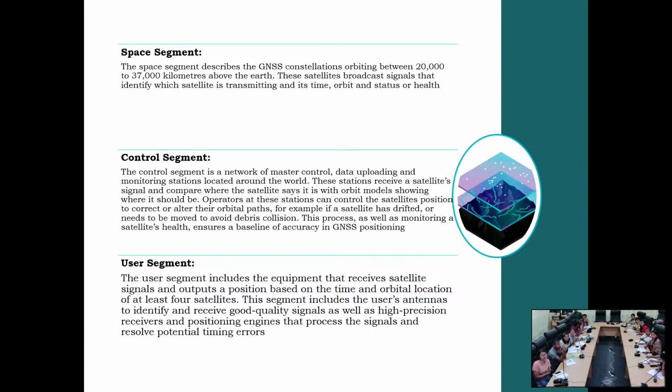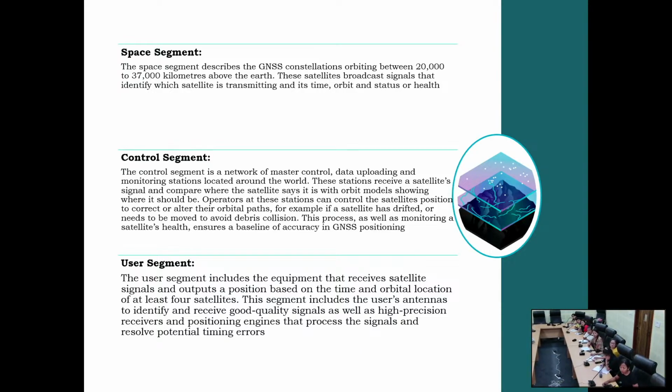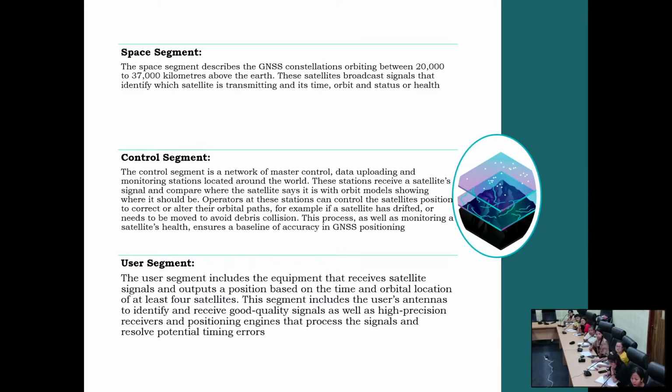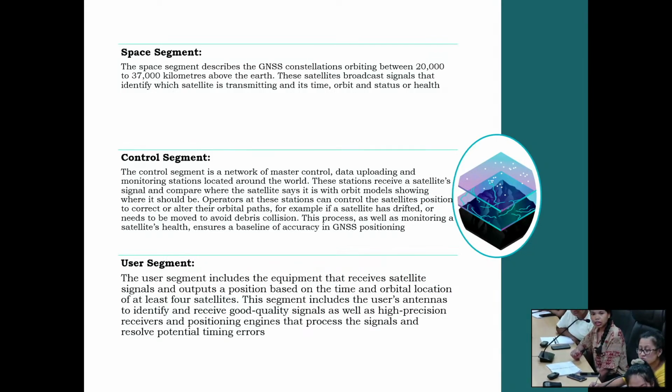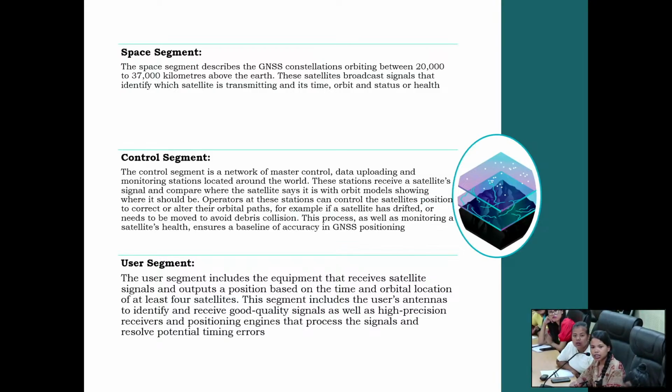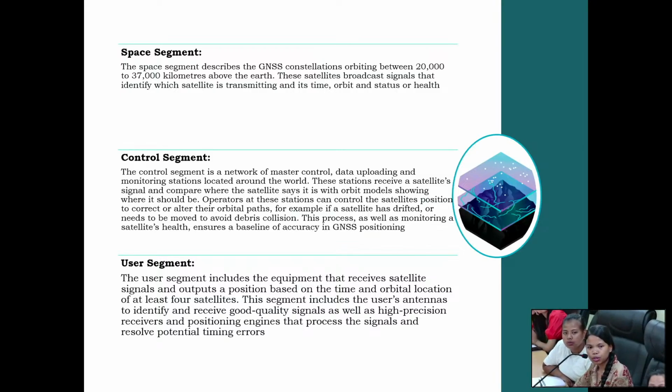These stations receive a satellite signal and compare where the satellite says it is with orbit models showing where it should be. Operators at these stations can control the satellite positions to correct or alter their orbital paths, for example, if a satellite has strayed or needs to be moved to avoid debris collisions. This process, as well as monitoring satellite health, ensures a baseline of accuracy in GNSS positioning.